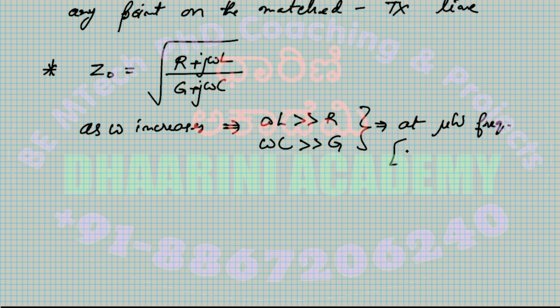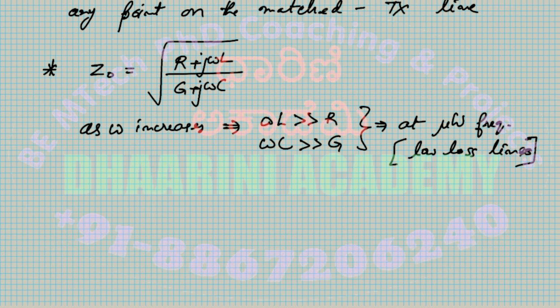So normally the transmission lines are considered as low loss transmission lines, right? That is because R is smaller means lesser loss, correct? R is a lossy component. G is another version of R that is also a lossy component, correct?